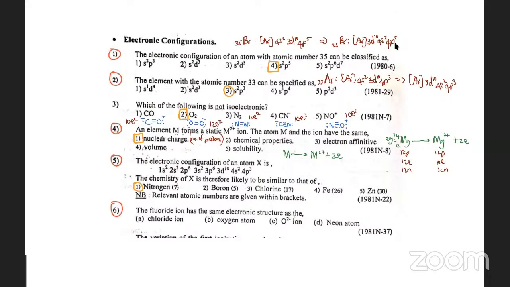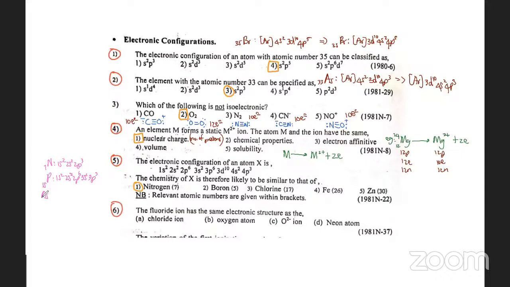Now, if you take nitrogen, look at nitrogen. Nitrogen's electronic configuration ends where? Nitrogen is 7. It is 1s2, 2s2, 2p3. Phosphorus 15, 1s2, 2s2, 2p6, 3s2, 3p3.